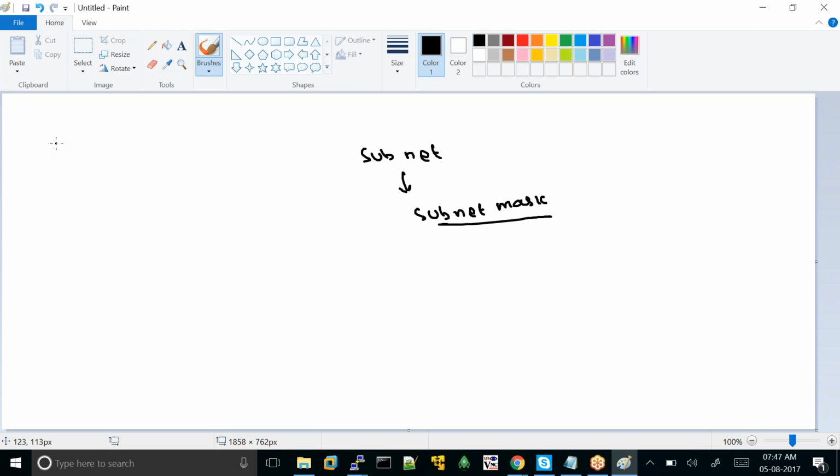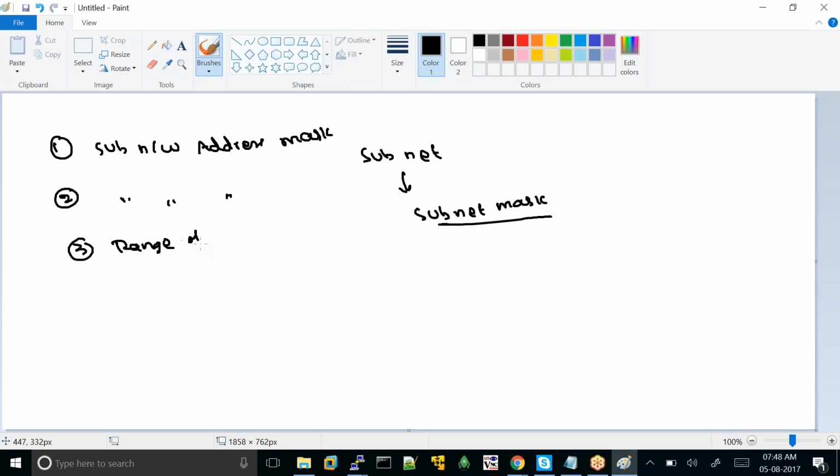What we need to be aware of when we go for a subnet is: first, find out the subnetwork mask. Once the subnetwork mask has been found, you can find the subnetwork address, and third, find the range of IP addresses that you can assign in the subnet.